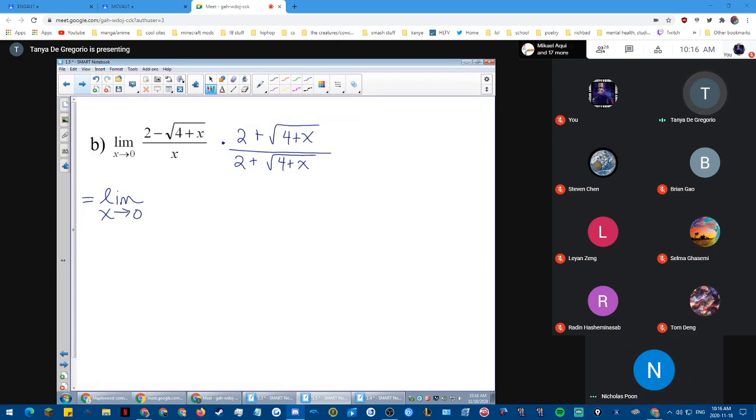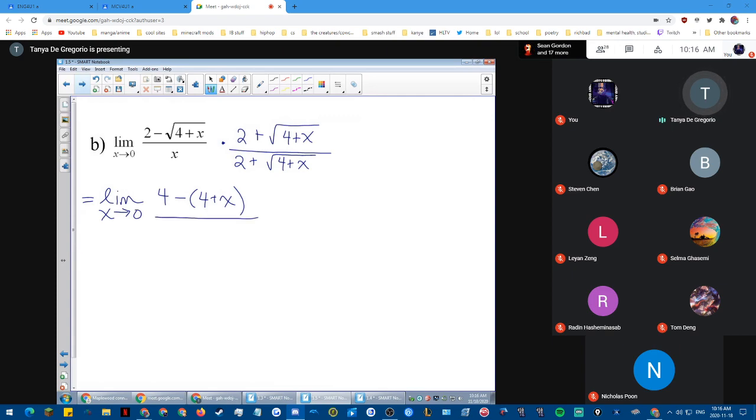Thank you, Nicholas. Okay, go for it. So the numerator, the first term multiplies to 4, and then minus, and then open bracket 4 plus x. Amazing. If you miss the bracket, you're going to get the wrong answer. It's a binomial. Make sure you include that bracket.